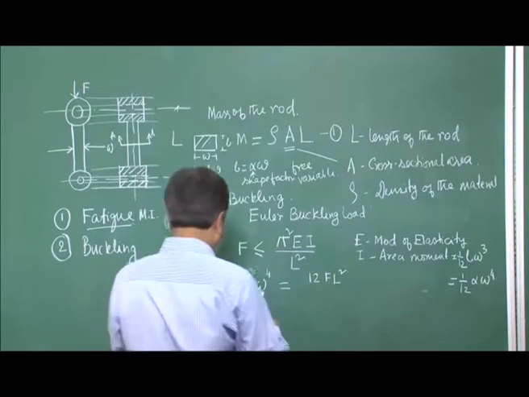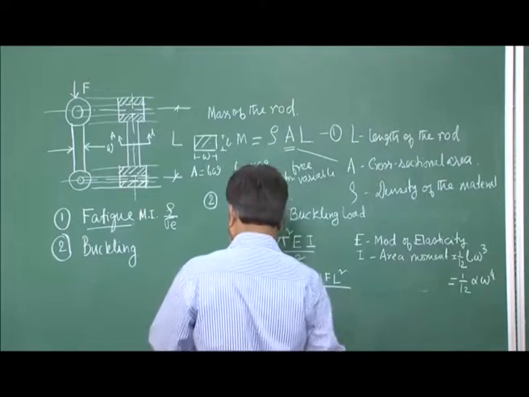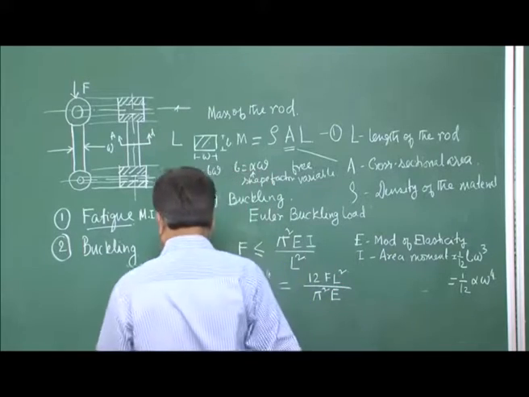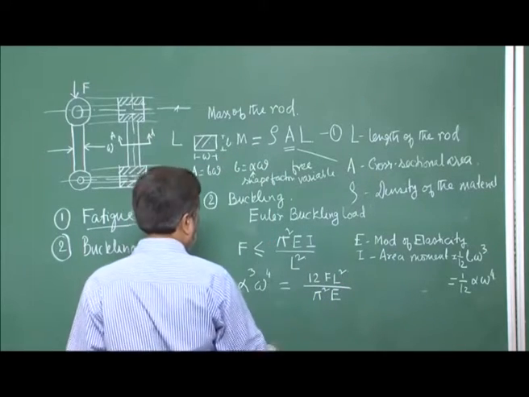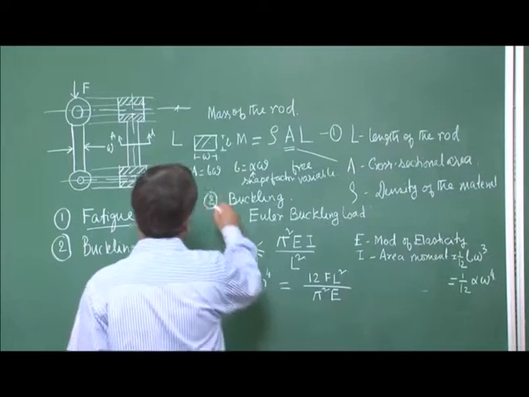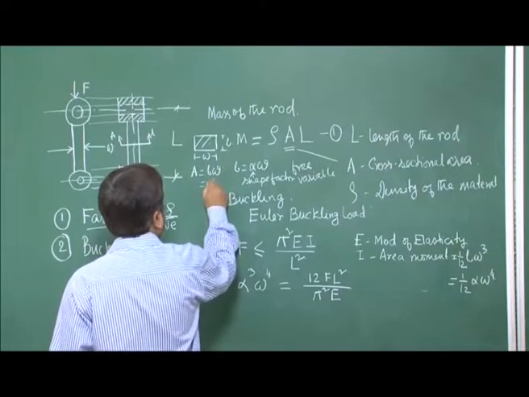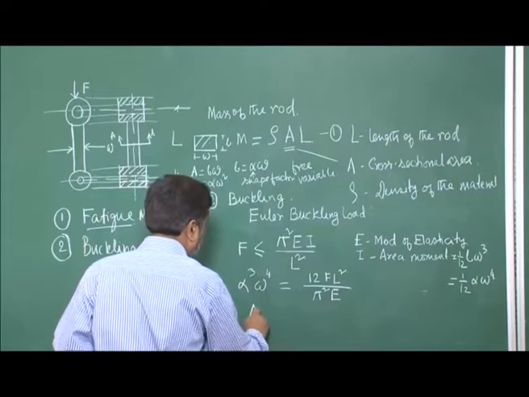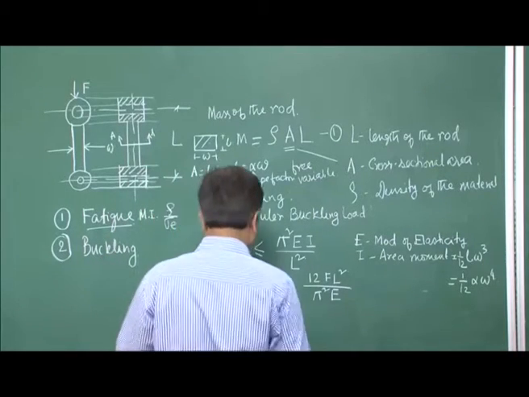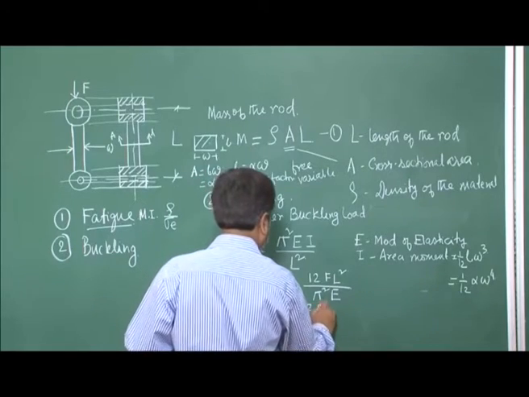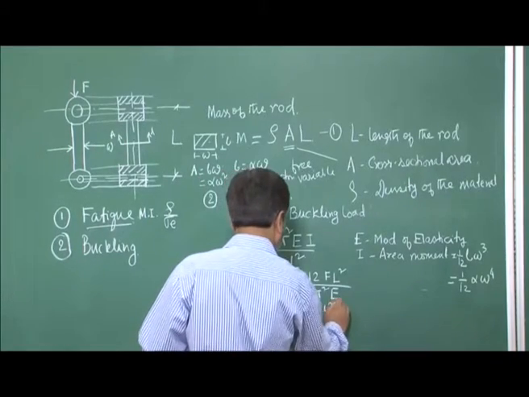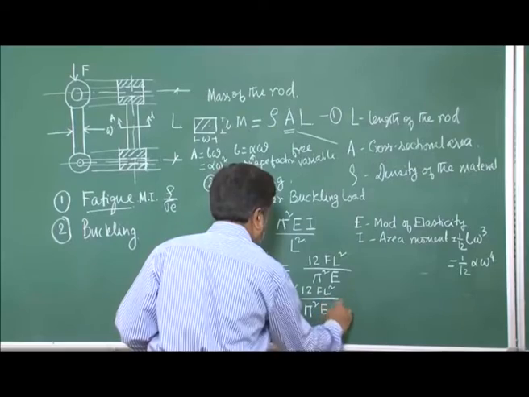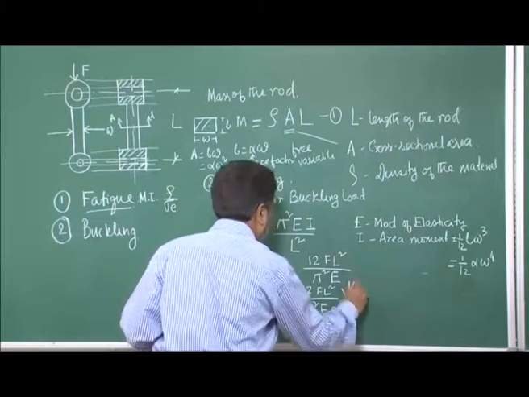Thus if you apply all these things together, it will come out as 12 F L square over pi square E. If you work it out a little more, keeping in mind that area equals alpha W square, you will get the area as 12 F L square divided by pi square E alpha, whole to the power square root.